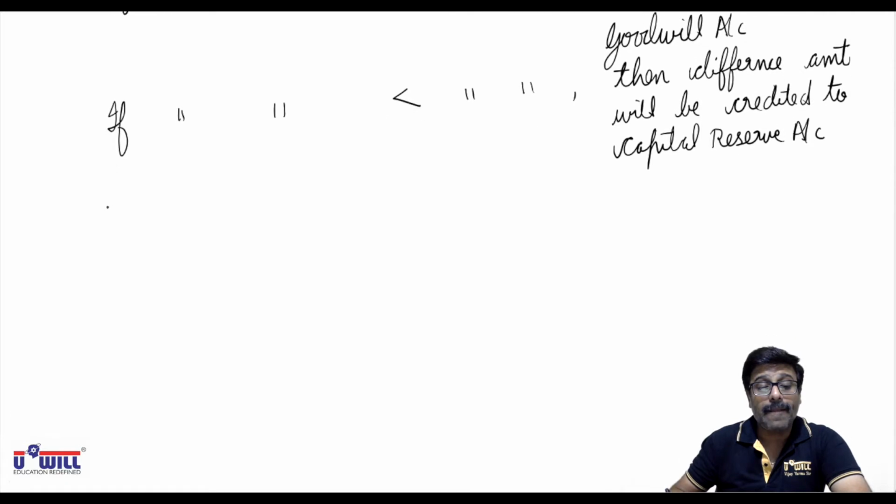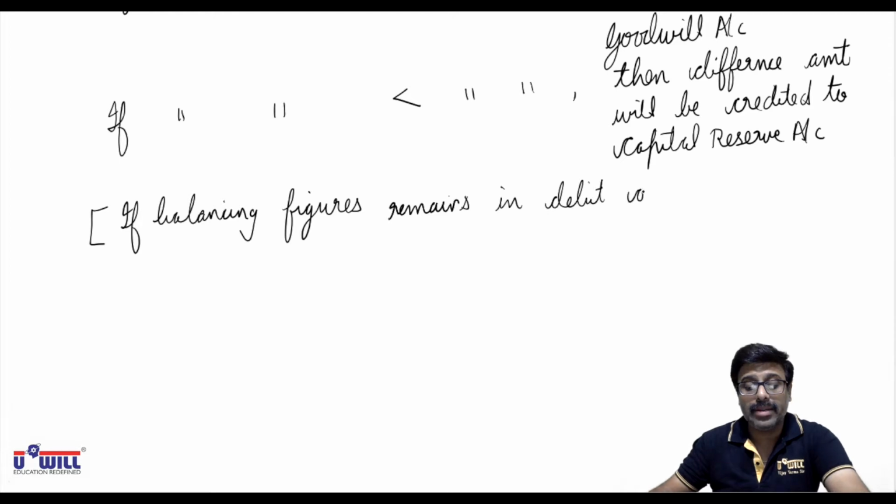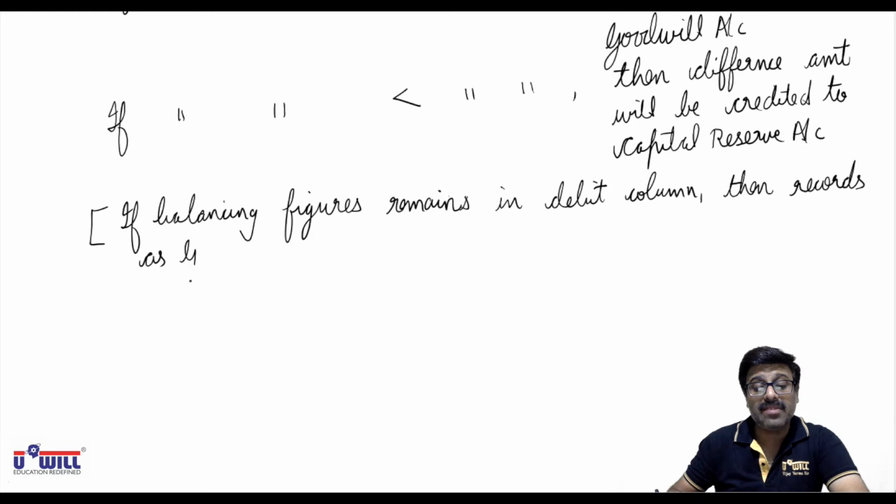What you will be doing is, if balancing figure remains in debit column, then record as goodwill account.